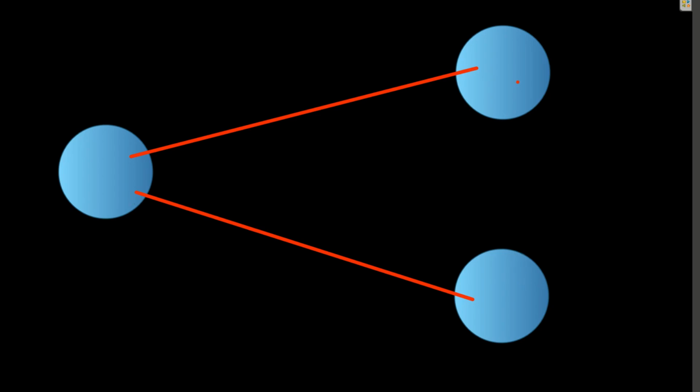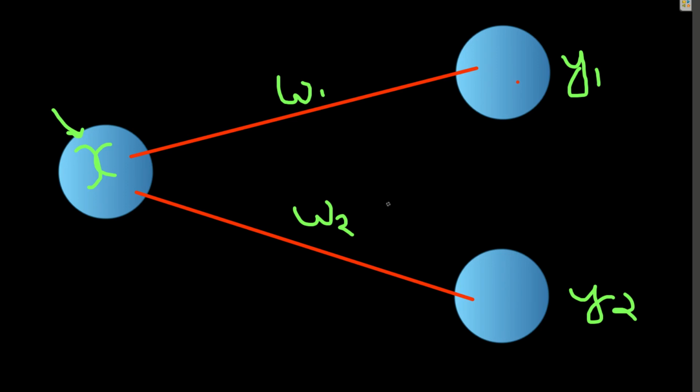Let us say the input value is x, which is this input neuron, and the output values are y1 and y2. If you remember, every node has a weight assigned to it, let's say w1 and w2, and a particular bias, let's say b1 and b2.